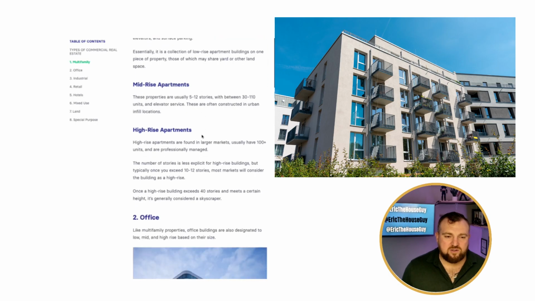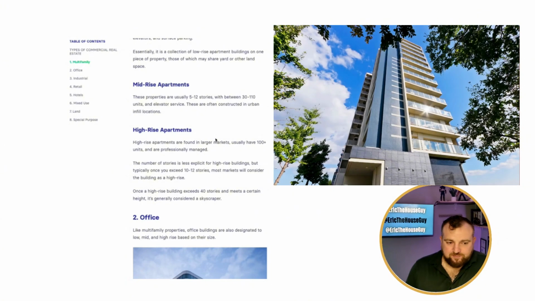Mid-rise apartments. These properties are usually 5 to 12 stories with between 30 to 110 units and elevator service. These are often constructed in urban infill locations. High-rise apartments are found in larger markets, usually have 100 plus units, and are professionally managed.